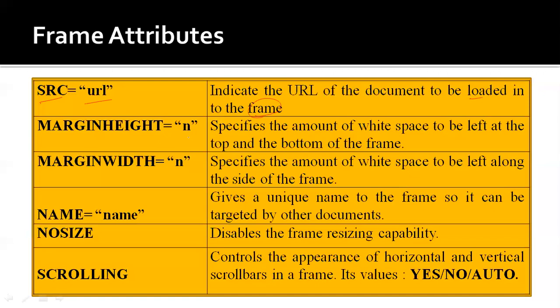Margin height is equal to n. It specifies the amount of white space to be left at the top and bottom of the frame. Margin width specifies the amount of white space to be left along the sides of the frames.